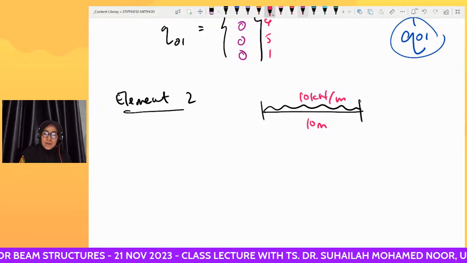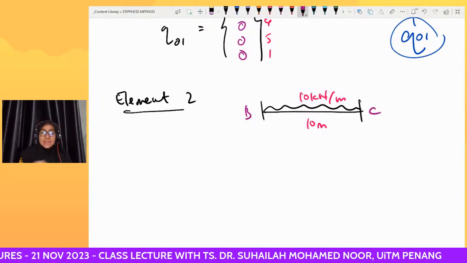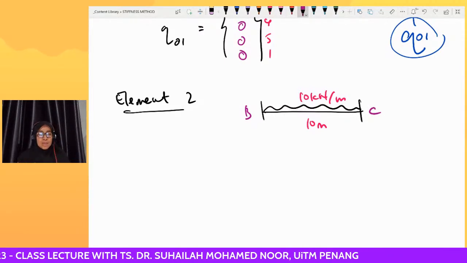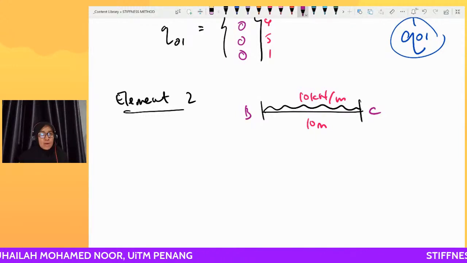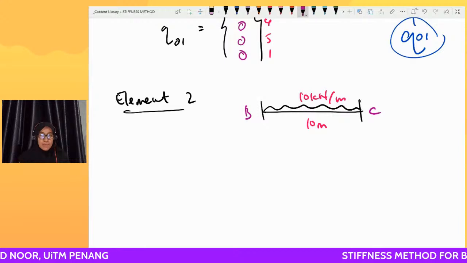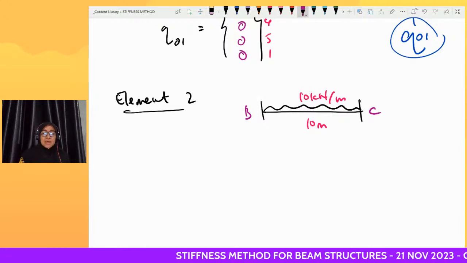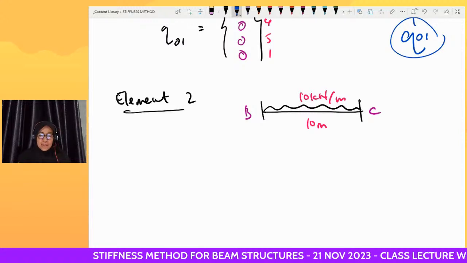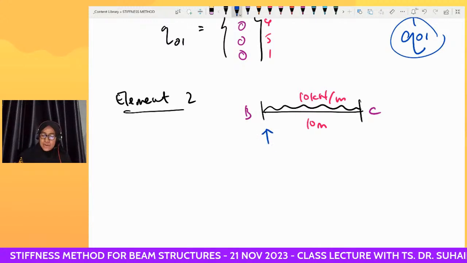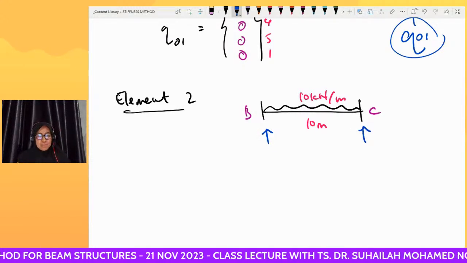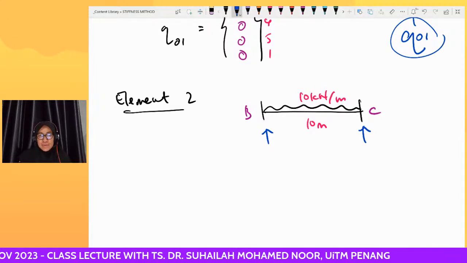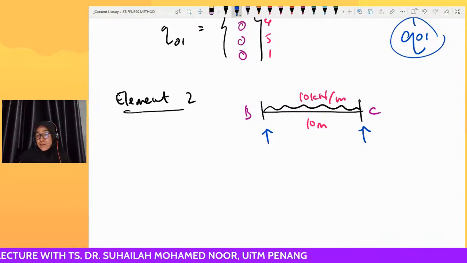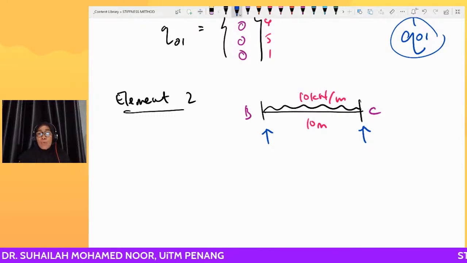This is B and C. So this is the formula. This diagram is based on the formula given. Assume that both ends are fixed. So imagine the behavior. There will be two vertical reactions and two moments.